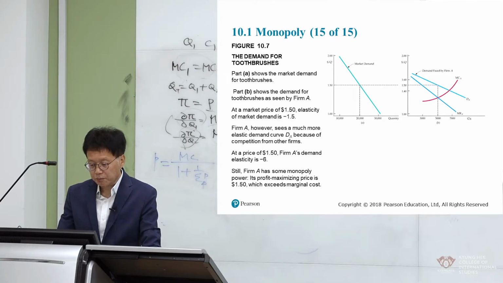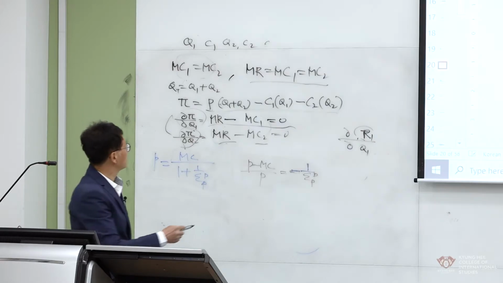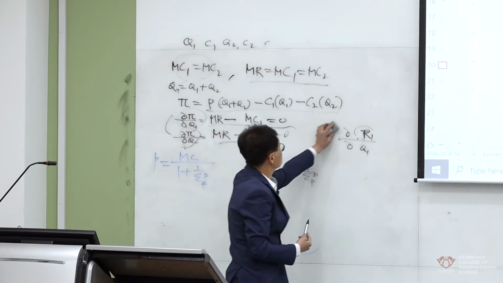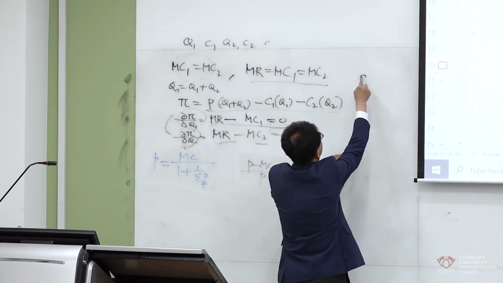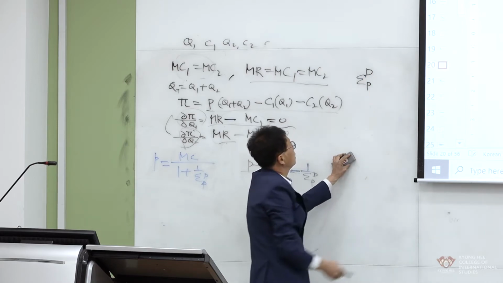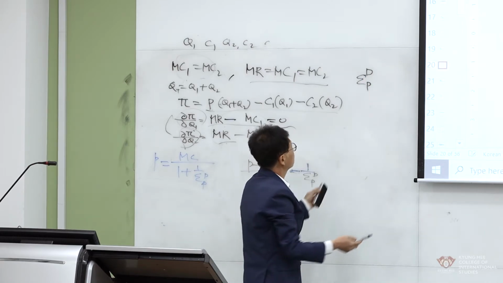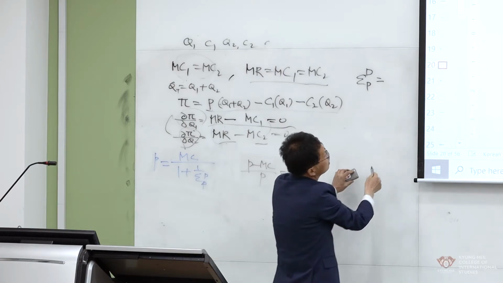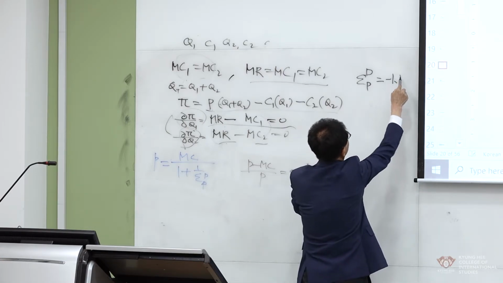At the market price of $1.50 here, the elasticity of market demand is minus 1.5. Price elasticity of demand, so large letter D means market elasticity, right? That is minus 1.5.